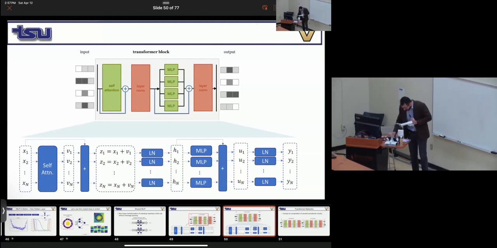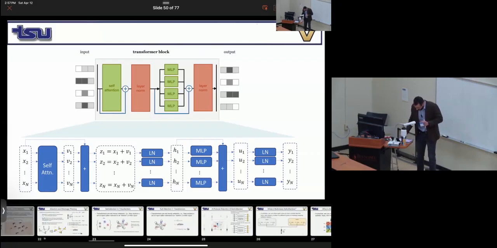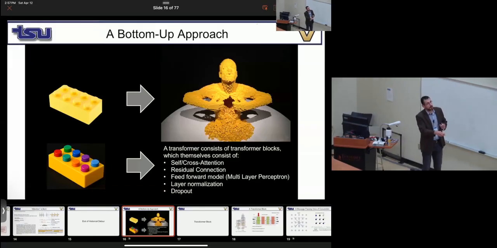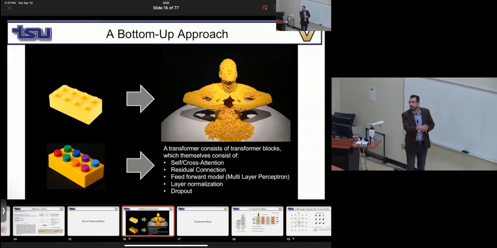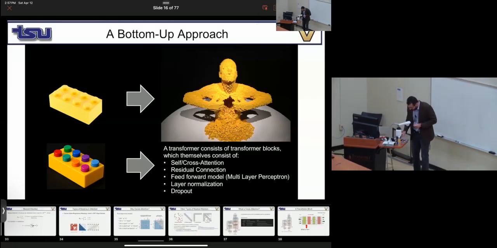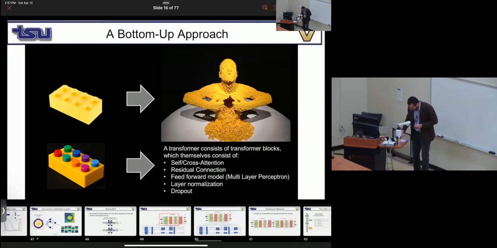If I go back to what I had before and show you this, now we just created this block, this brick. These different colors were the different components. So now you essentially need to put these together to generate something bigger. To do that, we simply compose these transformer blocks together.